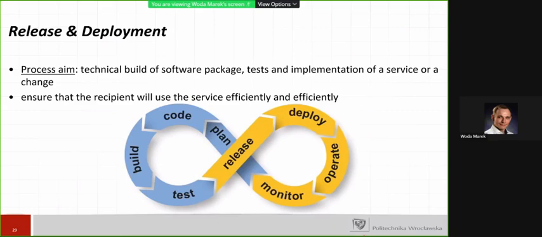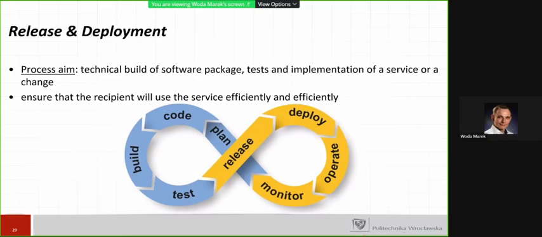As known from DevOps, you then have to release, deploy, and then monitor the ongoing process. After a while this is cycled again, because we have to think about new features or remediate some issues found.